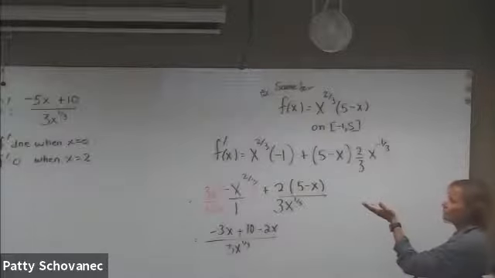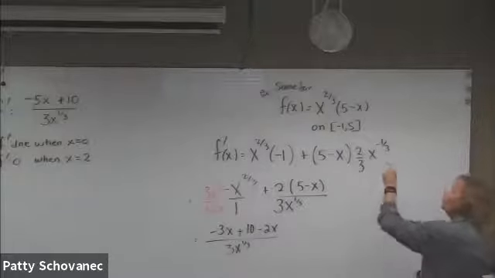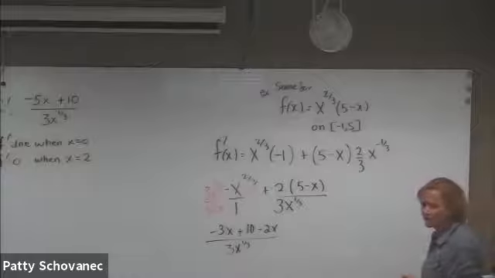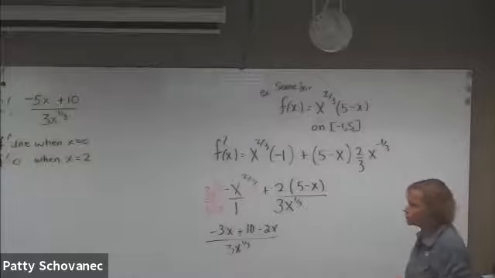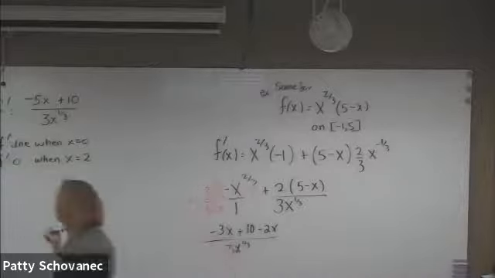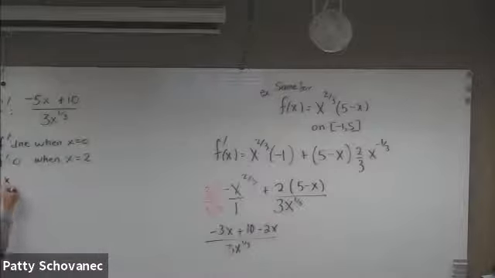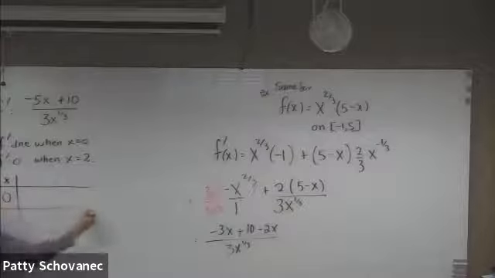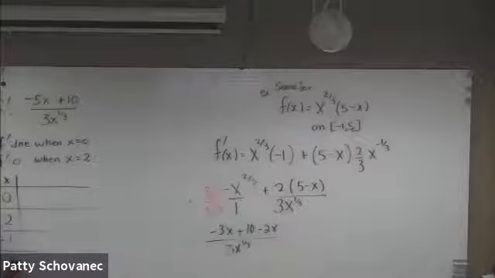So I take the values of the function at those 2 points, compare them to the values of the function at these 2 points, and then make our decision. Two critical numbers, 0 and 2, and then the 2 endpoints, -1 and 5.